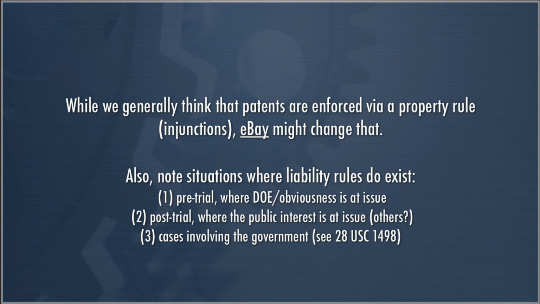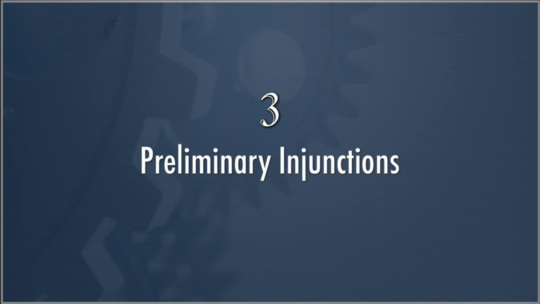Certainly where there's a strong public interest factor, even before eBay, but even more certainly after eBay, injunctions wouldn't issue, and it'd be a liability rule. And then cases involving the government, there's a specific section on the books, section 1498, whereby you cannot get an injunction for patent infringement against the government. You can get damages, of course, if the government infringes your patent, but you cannot seek an injunction for that harm. So that's injunctive relief, and next we'll talk about preliminary injunctions.